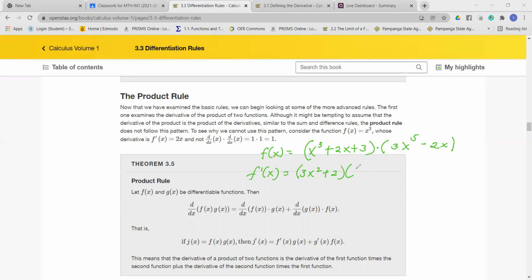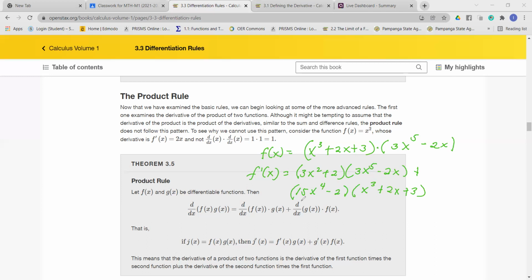Huwag nyo munang kukunin ng derivative nito. Plus, derivative naman nitong pangalawa, which is equal to 15x to the fourth minus 2 times yung ito, huwag nyo naman gagalawin ito, you just write it, you just copy it, that's 3. Okay, so ito na siya. So this is then the derivative of your f of x.